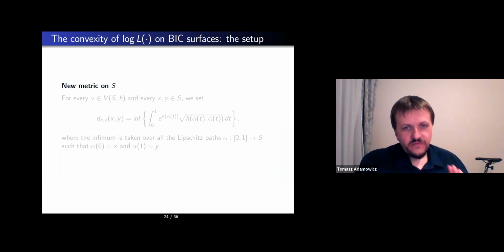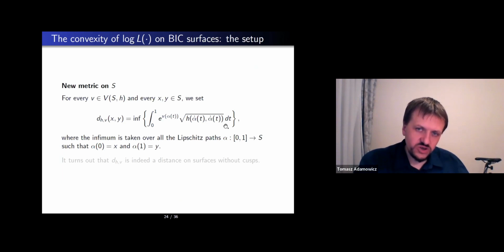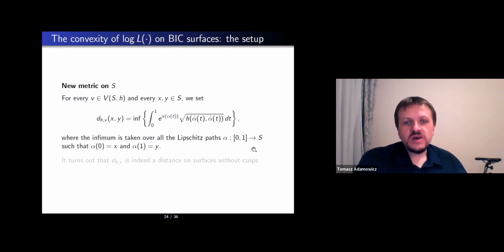So we have a class of functions, and now we introduce the way to modify a metric, which will give us a new metric. For every function v in the just defined class V(S,h), we define a distance function d_h^v as an infimum of the following expression, where the infimum is taken over all Lipschitz paths joining points x and y.